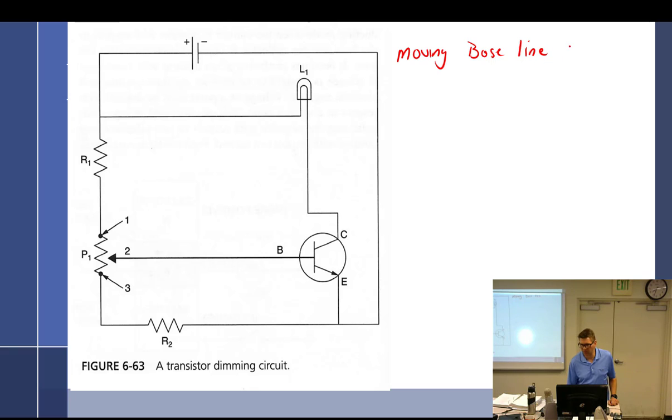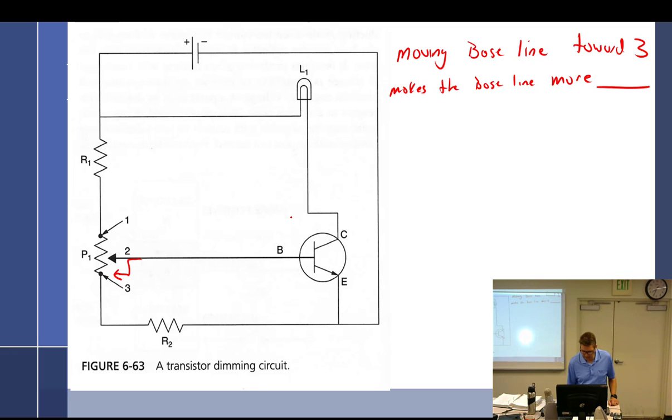Baseline toward 3. So that would be moving it down to there. Moving it towards 3 makes the base line more negative.